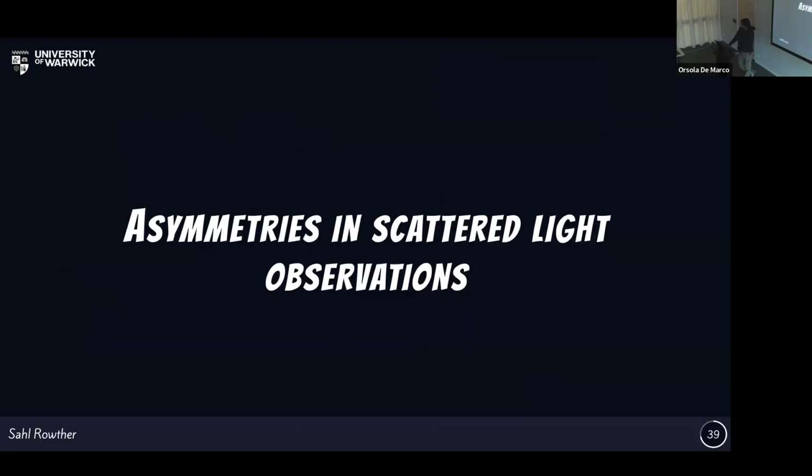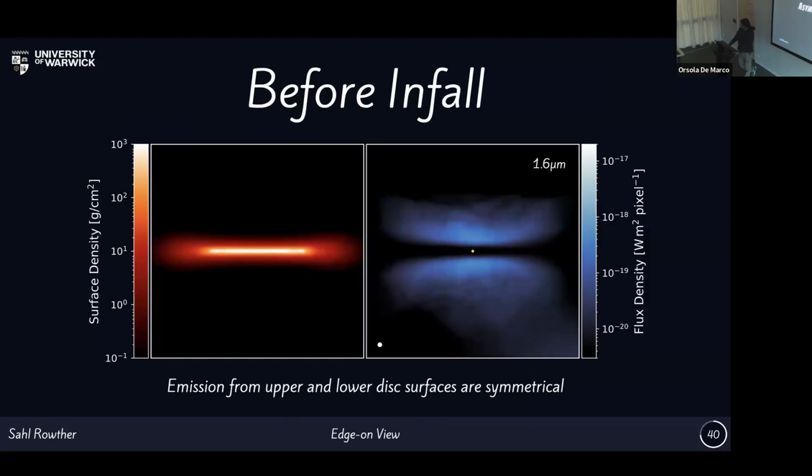In the next few slides, I will show how infall changes some of the other observational predictions of gravitational instability, starting with the scattered light observations. Before infall, the emission from the upper and bottom surface of the disk is quite symmetric.